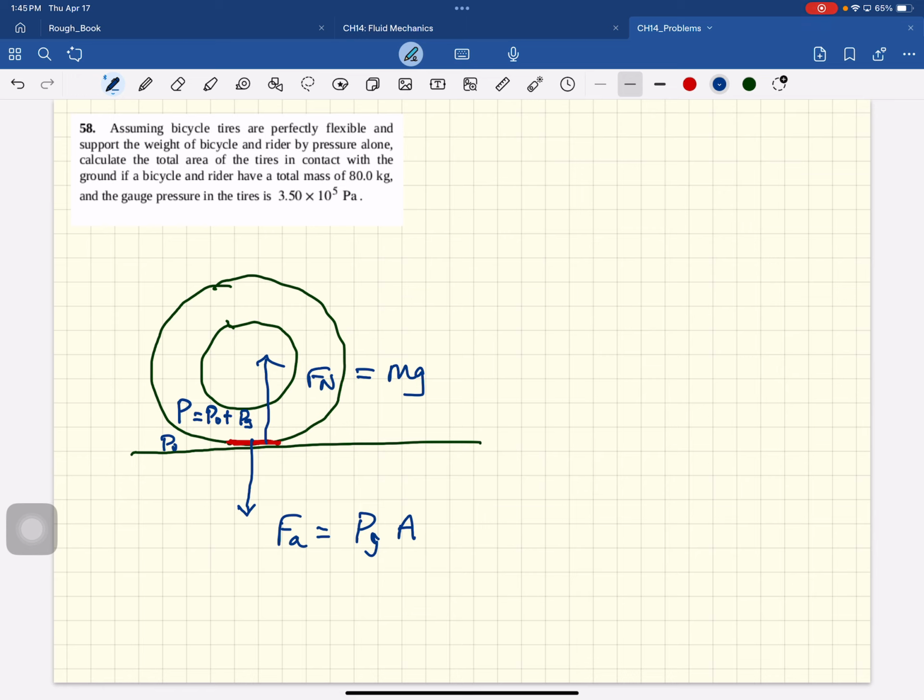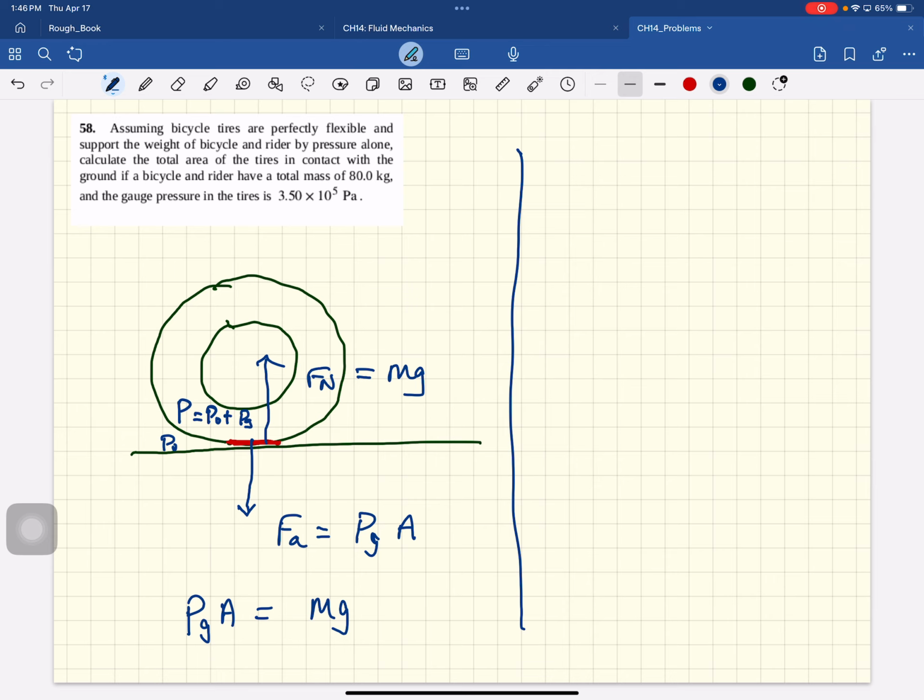Okay. All right, so the gauge pressure times the area of the wheel in contact should equal the weight being supported. And of course, if you have 2 wheels, then that's the total area from the 2 wheels, even though we've drawn just 1 wheel.